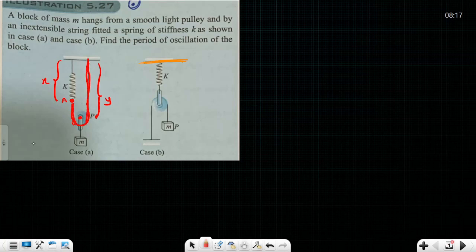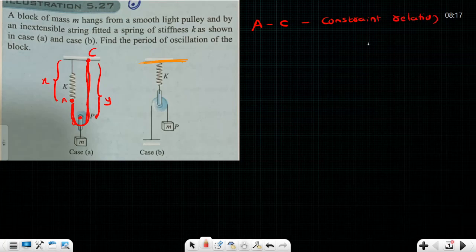That you cannot change. That length from point A to this point is always constant. And when you are pulling the mass m, this length is not increasing. It is getting the extra length from the extension of the spring. Therefore, from A to C, you can apply the constraint relation.